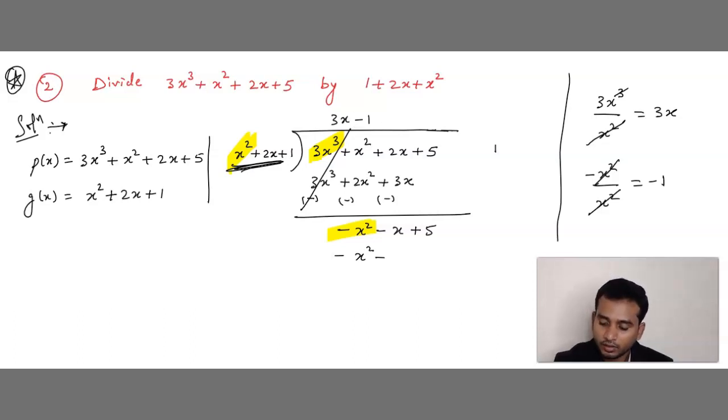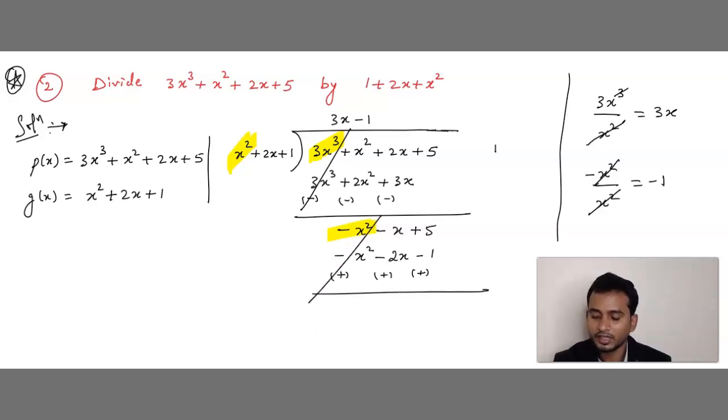Plus into minus, minus, x square into 1, x square. Plus into minus, minus, 2x into 1, that is 2x. Plus into minus, minus, 1 into 1 is 1. So this is minus, it becomes plus. This is minus, it becomes plus. This is minus, then it becomes plus.